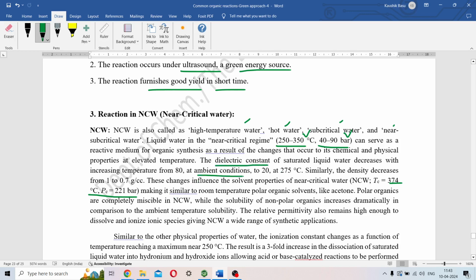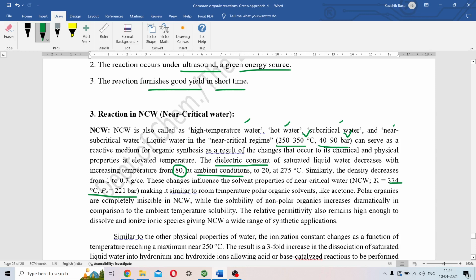At ambient condition, that means at room temperature, the dielectric constant is 80, and that makes water one of the most polar solvents used in chemistry, and an ideal candidate to solubilize salts. We have talked about this.